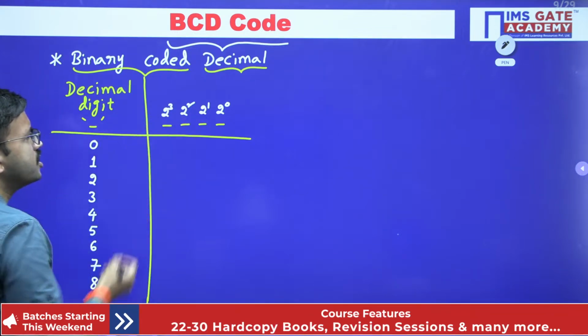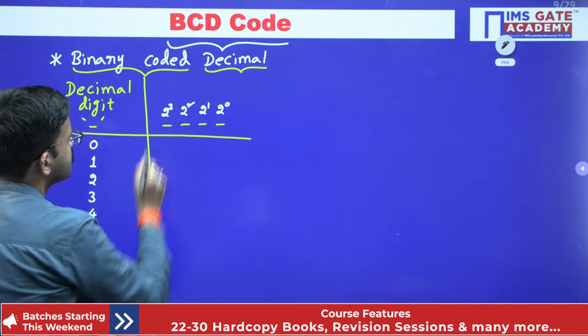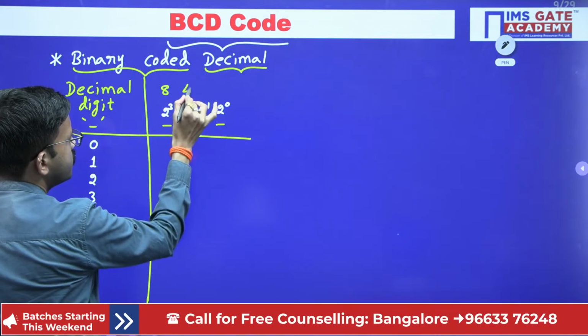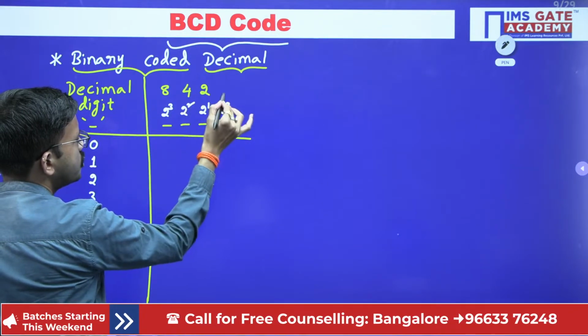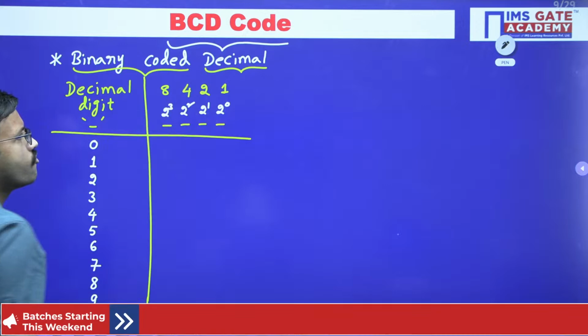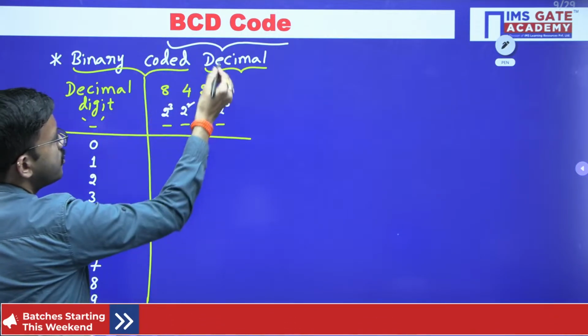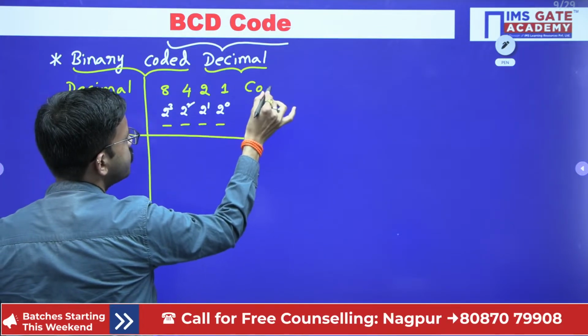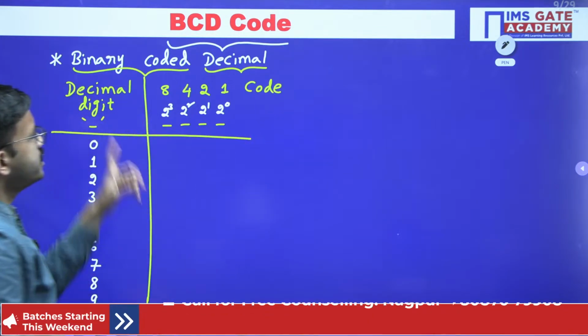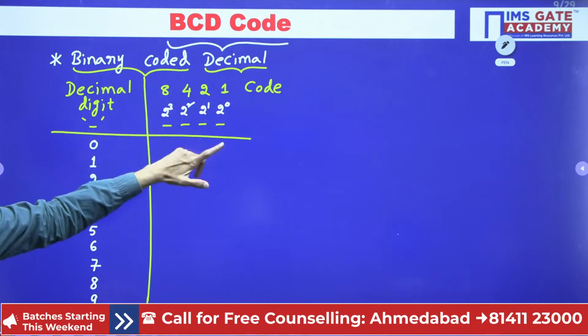Here 2 power 3 is 8, 2 square is 4, 2 power 1 is 2, 2 power 0 is 1. So you can call the other name of BCD code the 8421 code. BCD code or 8421 code, both are the same.